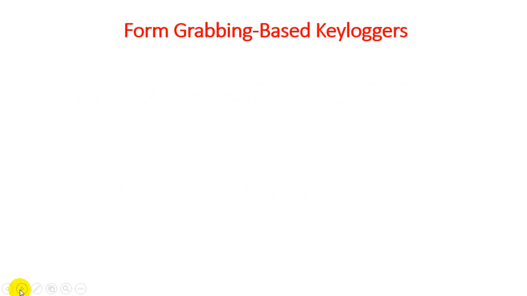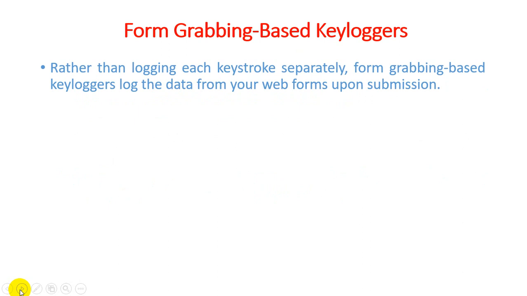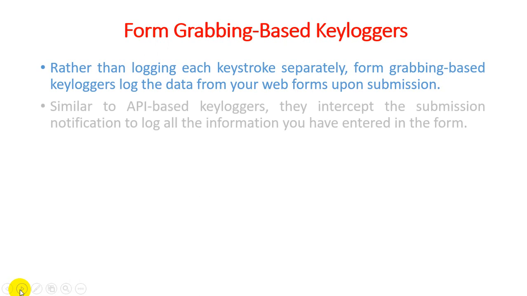Second is the form grabbing based keylogger. Rather than logging each keystroke separately, form grabbing based keyloggers log the data from your web browser upon submission. As with API based ones, which store each keystroke as a separate event, a form grabbing keylogger just takes all the data when we are submitting something on the internet.